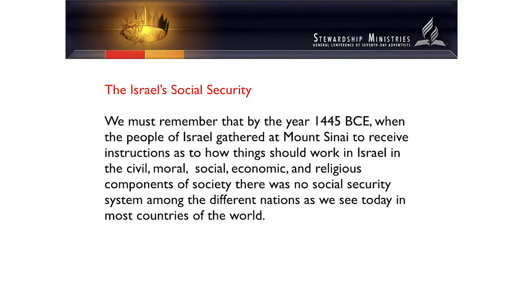We must remember that by that year, 1445, when the people of Israel gathered at Mount Sinai to receive instruction as to how things should work in Israel in the civil, moral, social, economic, and religious components of society, there was no social security system among the different nations as we see today in most countries of the world.